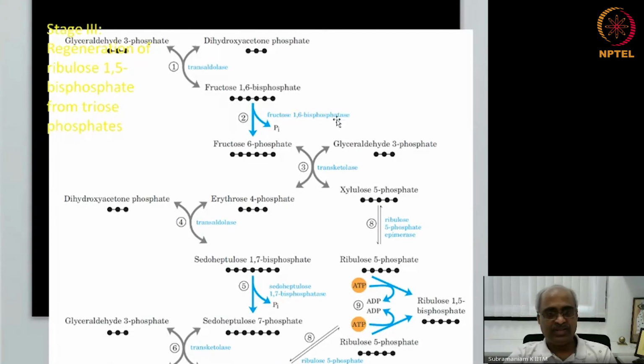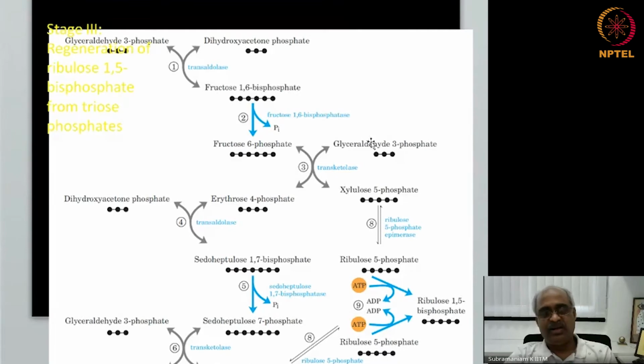And the phosphatase removes 1 phosphate, giving you the fructose 6-phosphate. This is an irreversible reaction, strongly exergonic due to this hydrolysis of the phosphate group, and therefore it goes only in this direction.